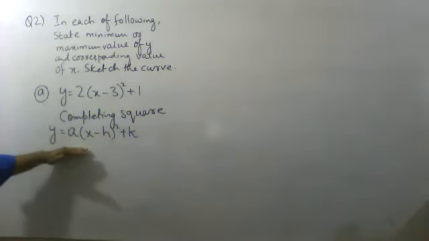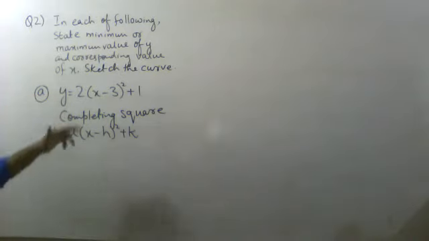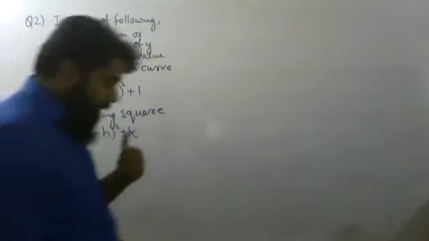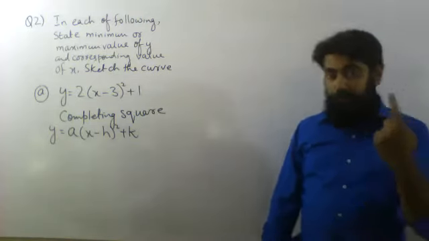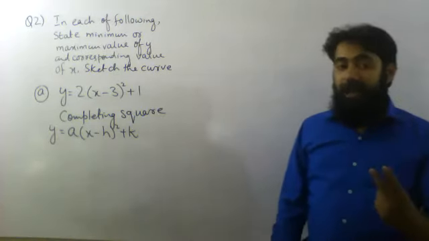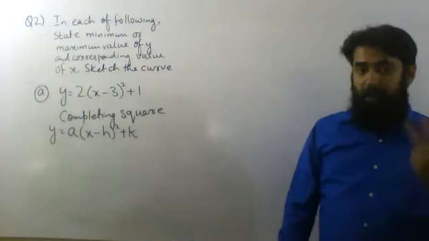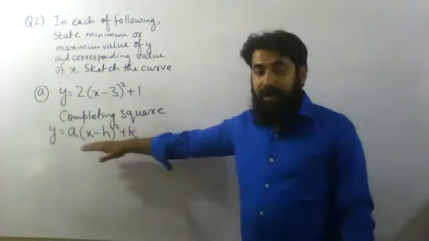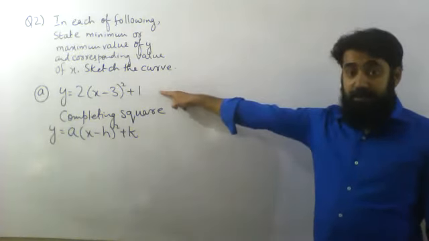This is my completing square equation, and this is my main equation which is given in the question. I am going to do the comparison so I can see what kind of curve nature I will have. First, what will be the x coordinate and y coordinate of the turning point? That is the second thing I'm going to identify. I will compare this with the equation given over here.